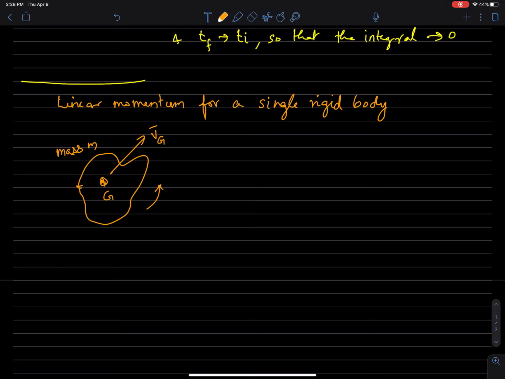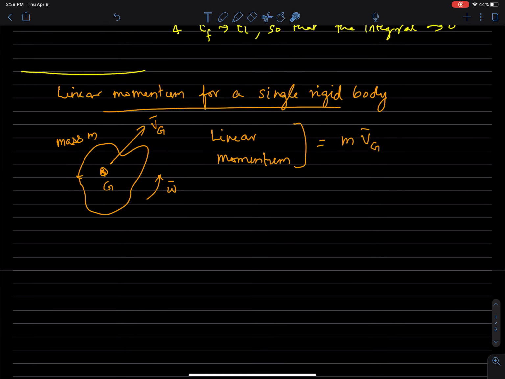It maybe has some angular velocity as well, but the linear momentum is just equal to mass times the velocity of the center of mass. Only the center of mass matters for linear momentum. The velocity of any other point doesn't really matter.